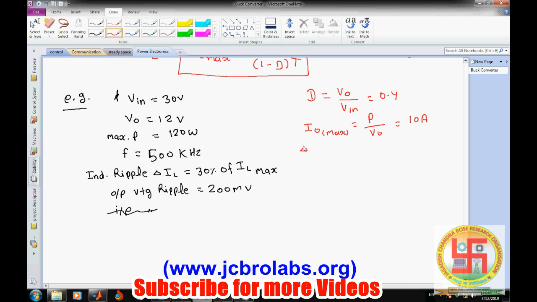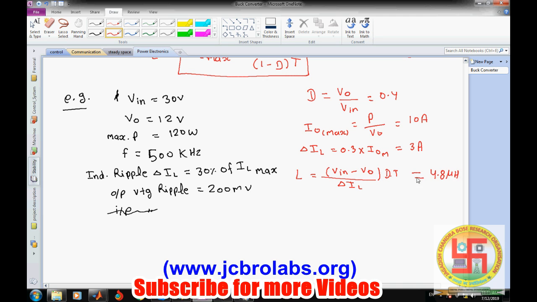So we can find del IL, which is 0.3 times the maximum value of I out, so del IL is 3 ampere. Based on this del IL we can find the value of L, which is (V in minus V out) divided by del IL, into D into T. It comes out to nearly 4.8 microhenry.